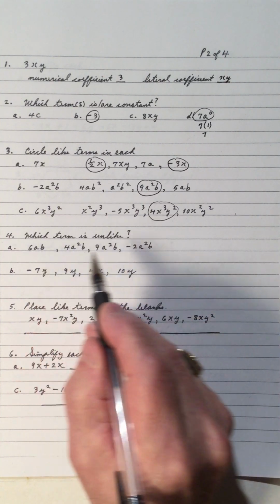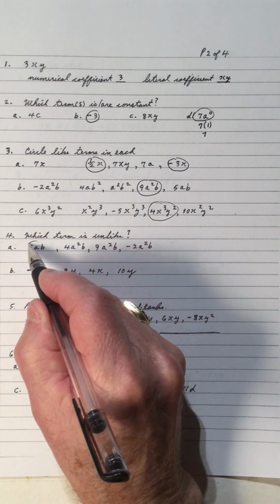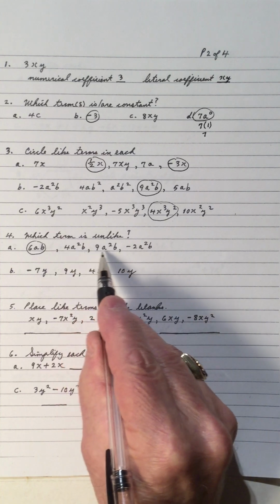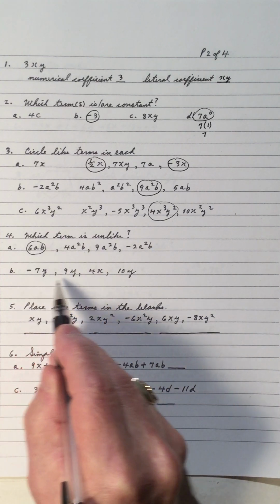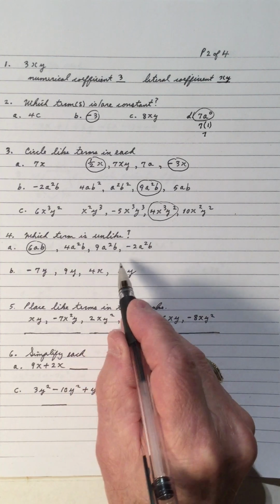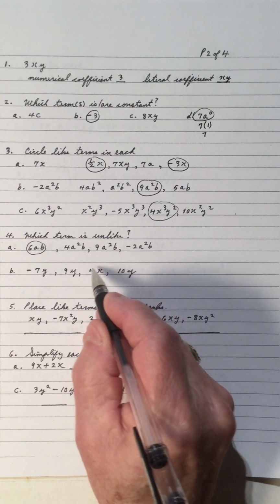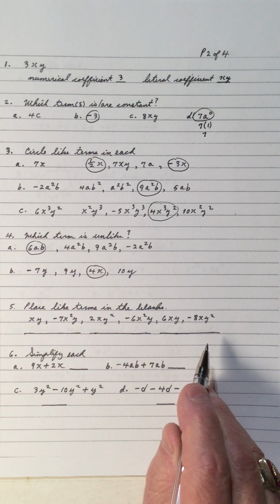So we have AB, a squared b, a squared b, a squared b. So this term is not like these three. All these got a squared b. Which term is unlike? The like terms are the y's. So the unlike term is the 4x.